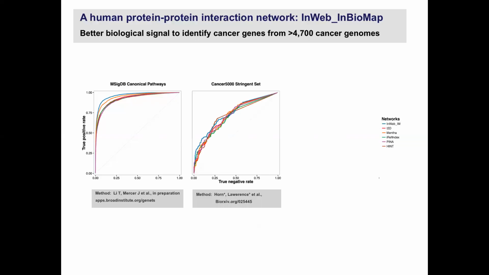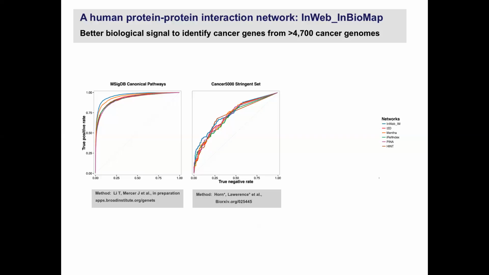The second test we did was to try to interpret large-scale genomic data sets. An earlier study had sequenced almost 5,000 cancer genomes from 21 tumor types that identified 219 significantly mutated cancer genes. Here the idea is that we want to see if, based on the interaction partners of each of the genes, we can also infer the cancer driver gene status of the gene itself.